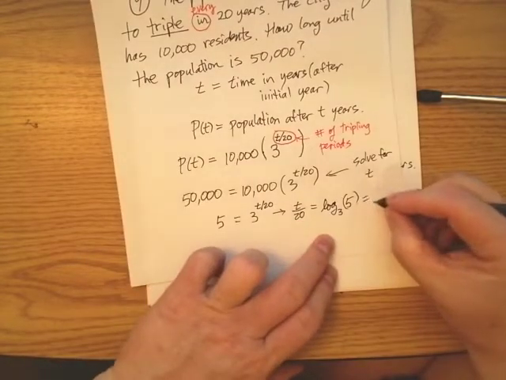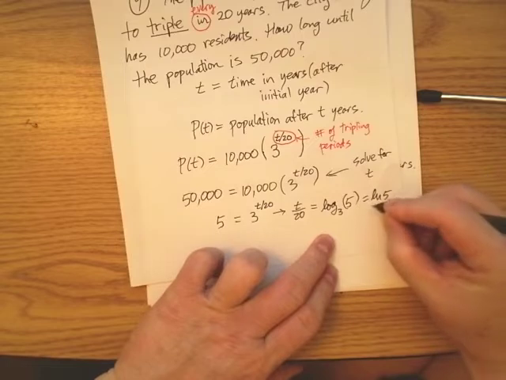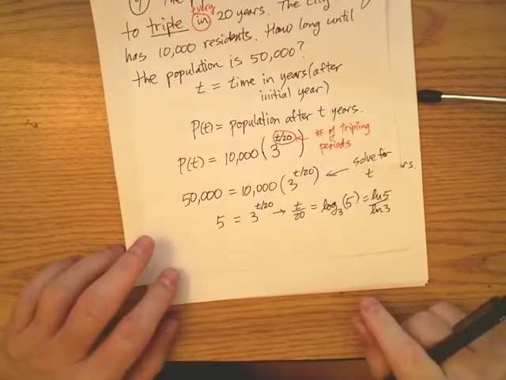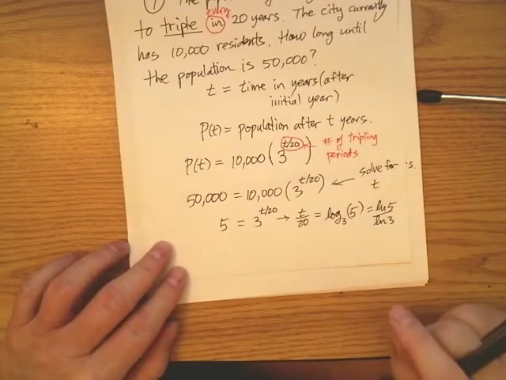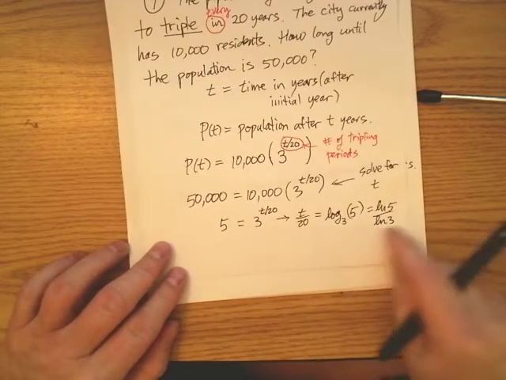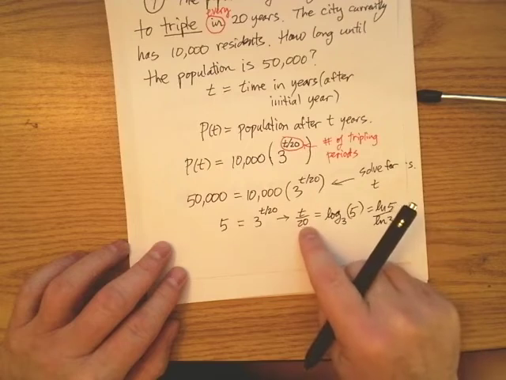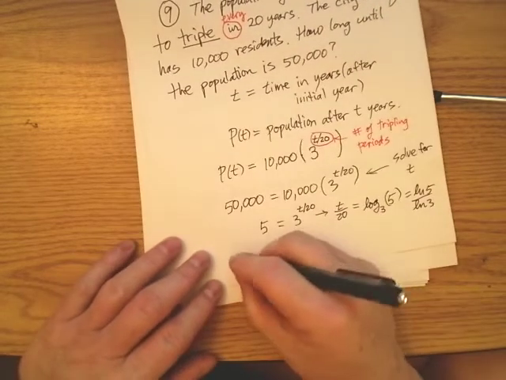Now let's use maybe our change of base formula with the natural logarithm. This is a number that we'll calculate carefully with our calculator. Make sure you get the right calculation in your calculator. And then to isolate t, I'm going to multiply this by 20.